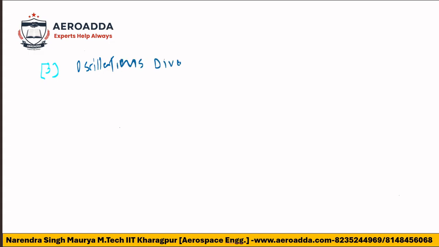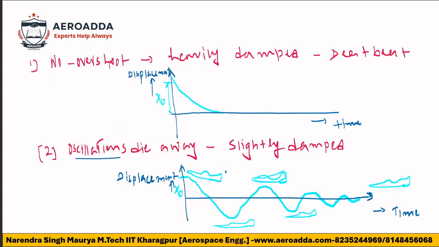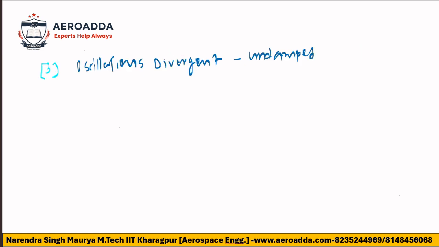Divergent, and this one is convergent. The second one is also called convergent. Convergent means amplitude is decreasing. Divergent means amplitude is increasing, which is not desirable.